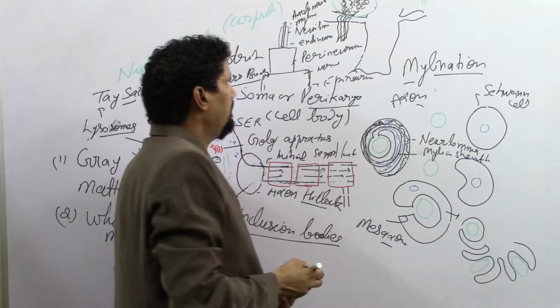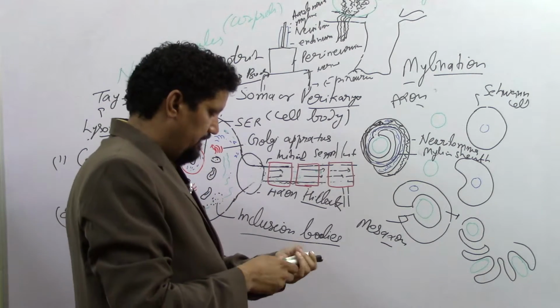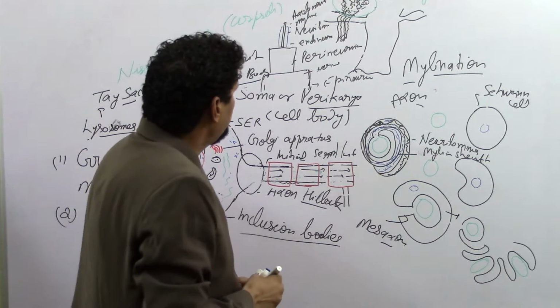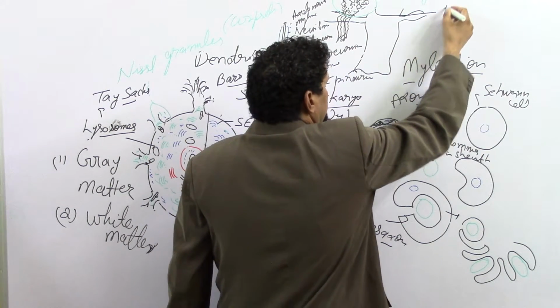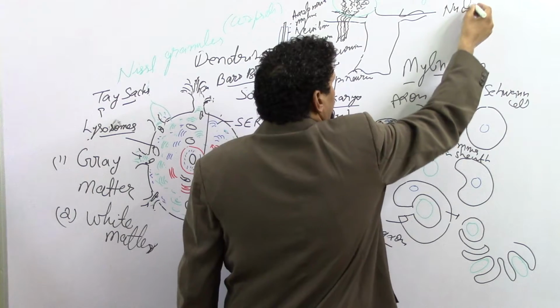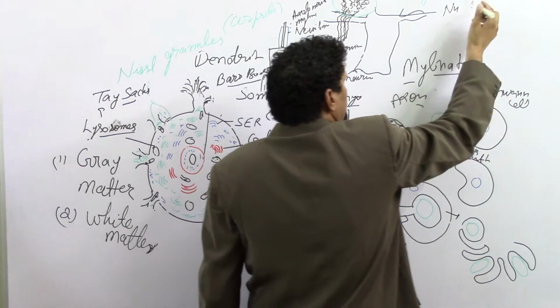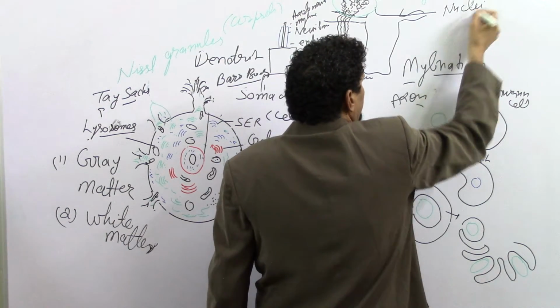When this collection of the cell bodies or perikaryons is inside the central nervous system, this is called nuclei.